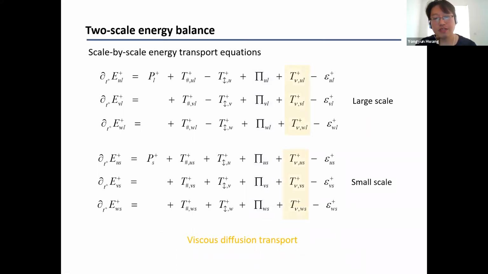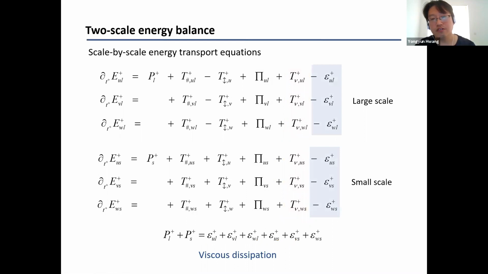Then the viscous diffusion transport, which we are going to ignore because it is typically quite small. And the final term is the dissipation term. As you can imagine, production and dissipation in this equation must be balanced.